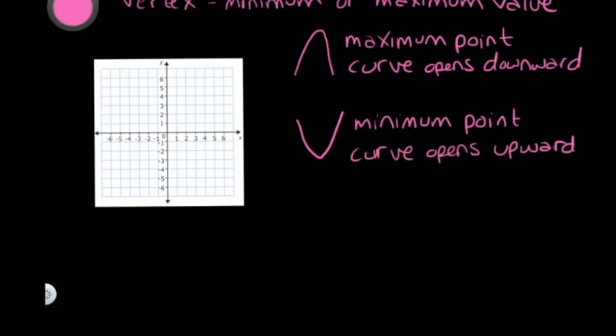So just to give you an example, if I have a parabola that looks like this, let's see. So I'm going to put a dot. Give me a second to draw this.